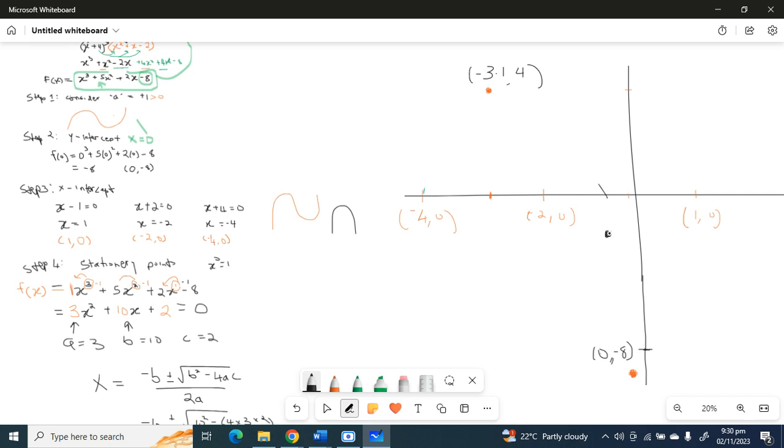So this is where the concavity changes. So -1.7, -1.8. Okay, so it's now time to connect the dots.